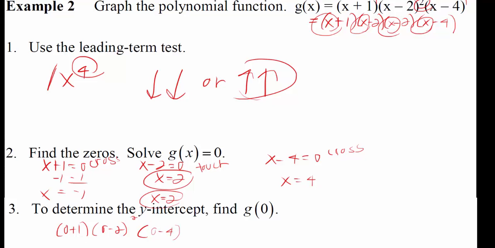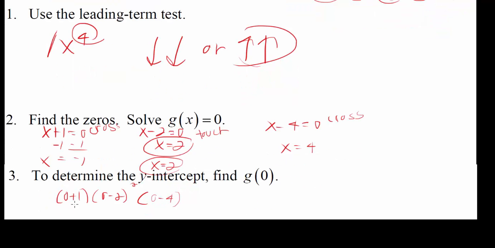Well, 0 plus 1 is 1. 0 minus 2 squared would be negative 2 squared, which is 4. And then 0 minus 4 is negative 4. So negative 4 times 4 times 1 is negative 16.